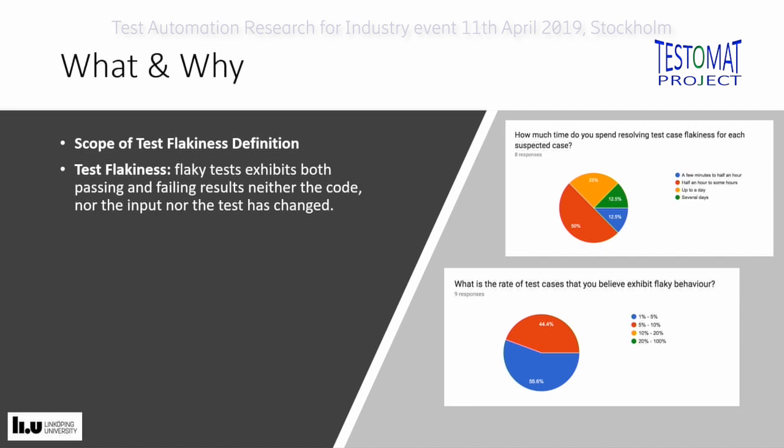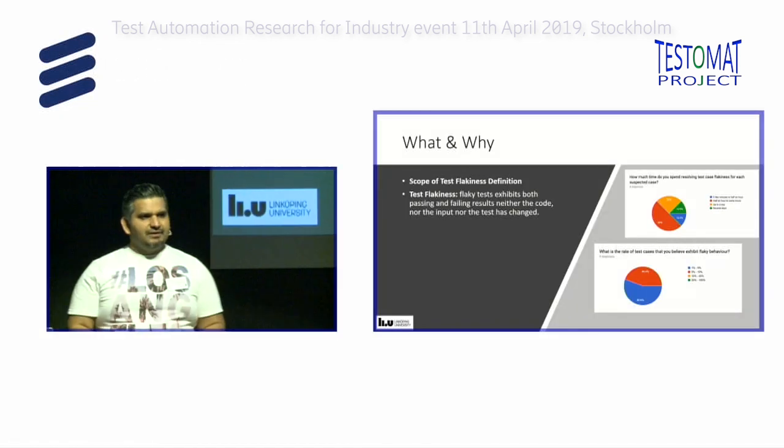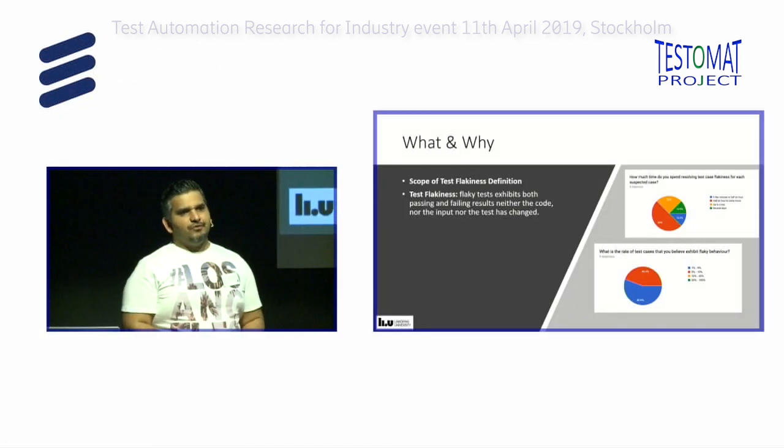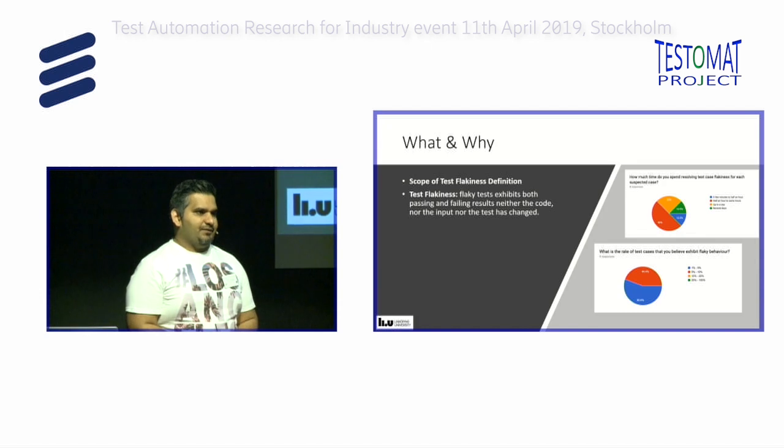Most of them said that 1 to 5% of their test cases are flaky. I understand that 1 to 5% is small, but if you are running 1 million test cases, you can imagine this percentage. Even Google mentioned that they have 2.5 million test cases that are flaky. And last night over dinner, someone told me that in a previous project, 70% of the test cases were flaky. So this is a dangerous thing that affects your confidence in the test suite.